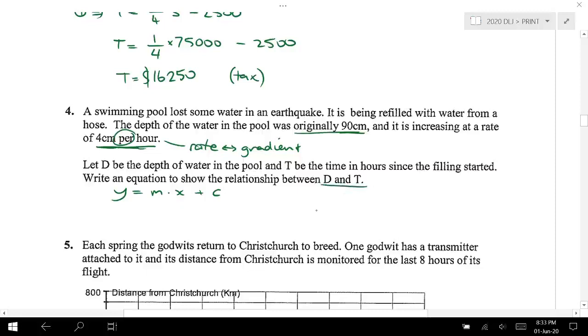So D is going to be replacing y, and T is going to be replacing x. Our y-intercept is going to be 90 centimeters, and our rate or gradient is going to be 4. So that's it. 4t plus 90.